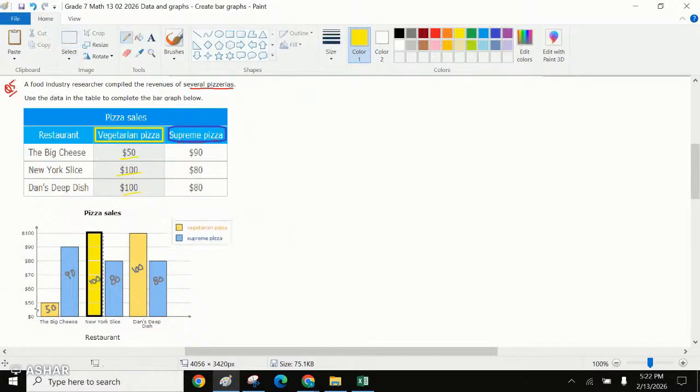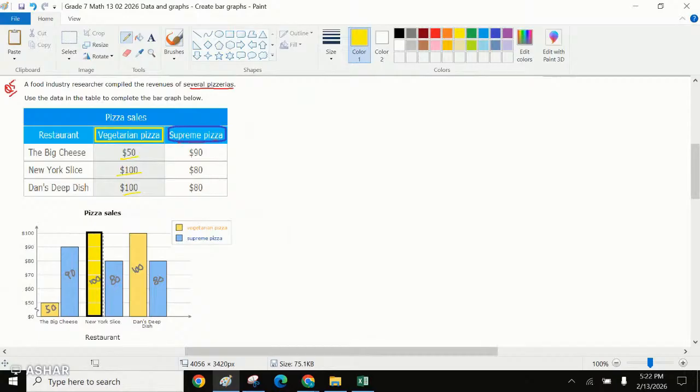What they can do is that we can find the total sales, or they can ask us which pizza for New York Slice restaurant people chose. So we would compare the sales prices and then we will see.